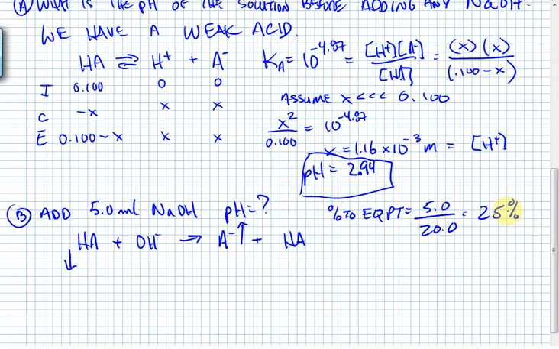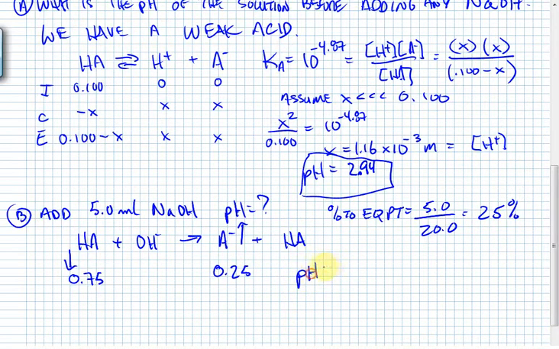What does that mean? Well, that means that the HA concentration has decreased to 0.75 relatively of its original concentration. The A minus has increased to 0.25 of its original concentration. We don't need to know the actual concentrations, we just need to know the relative ratios of the two.